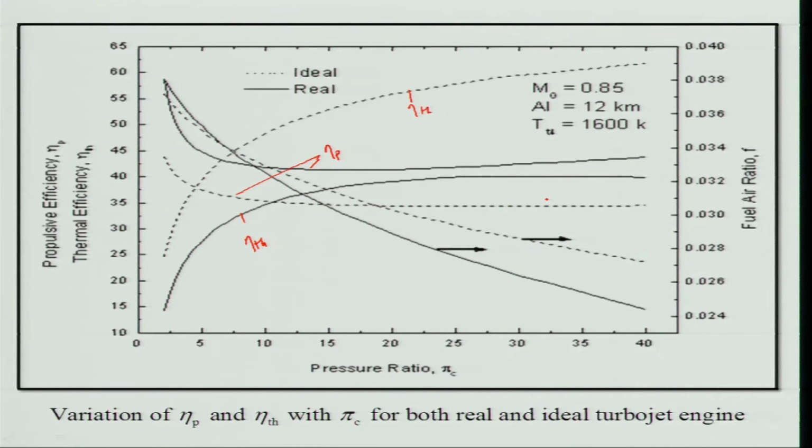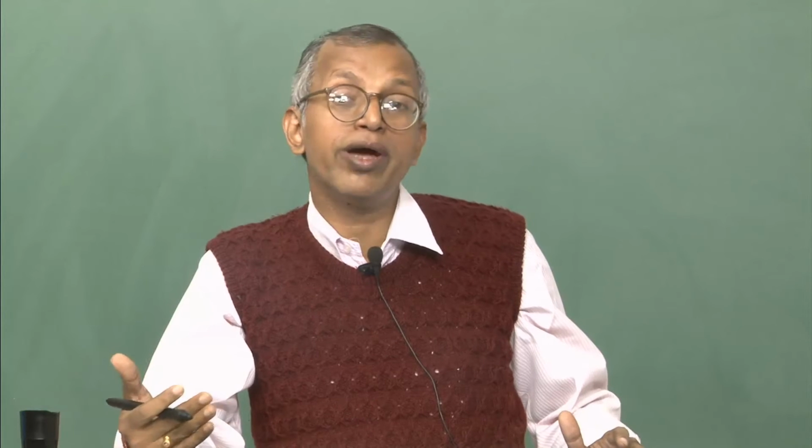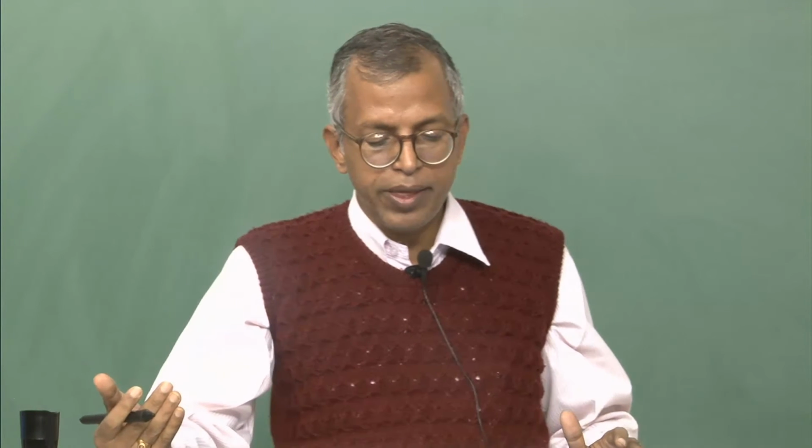Why is it so? Because the exit velocity in the real cycle will be smaller as compared to the ideal one. Therefore, you will have a higher propulsive efficiency.